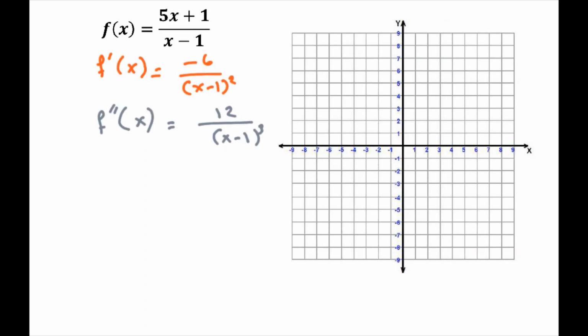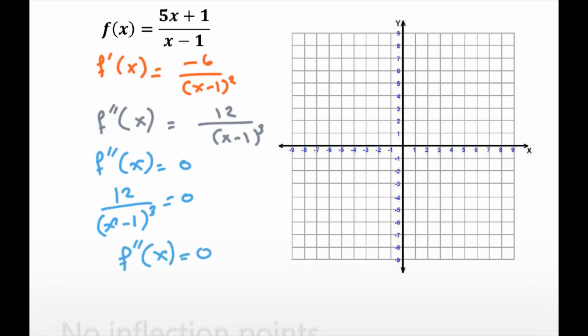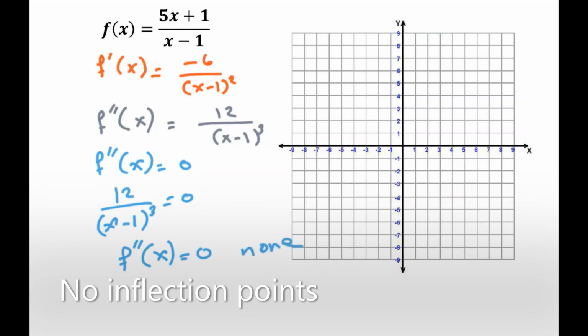You can try it yourself. And then I need to make it equal to 0. So 12 over (x minus 1) to the power of 3 equals 0. And again, when you cross multiply, you will find that there is none. No points that can give you f double prime equal to 0.